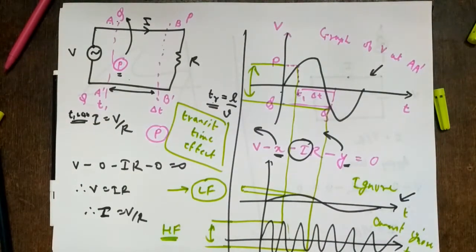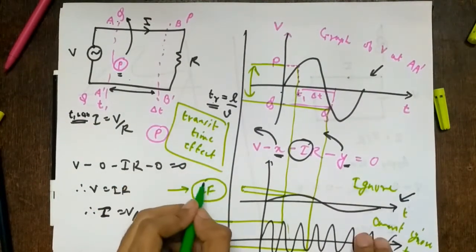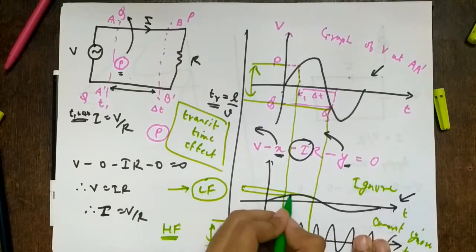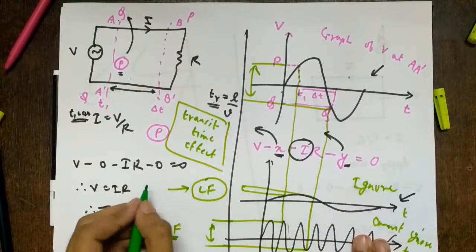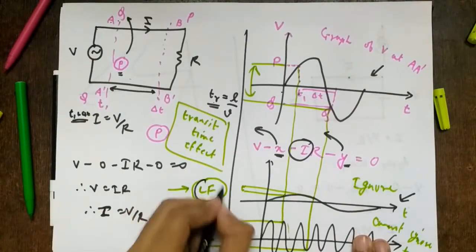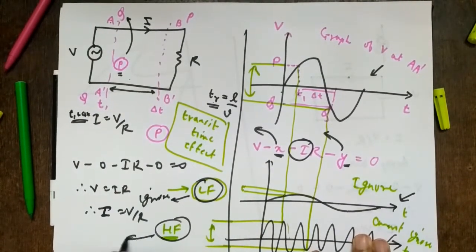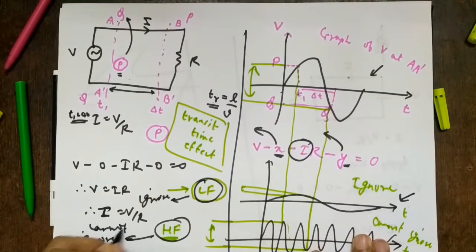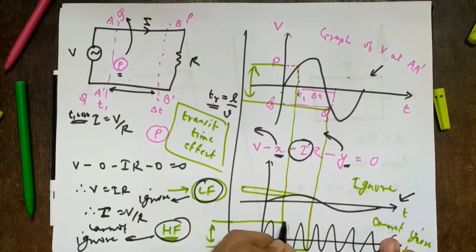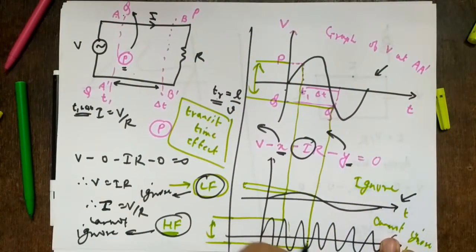So when do we ignore this effect? When the frequency is very low. For example, for this frequency, we can ignore this effect. For high frequency, we cannot ignore it. Why can we not ignore it for high frequencies? Again, because you see a huge potential difference between the two points.